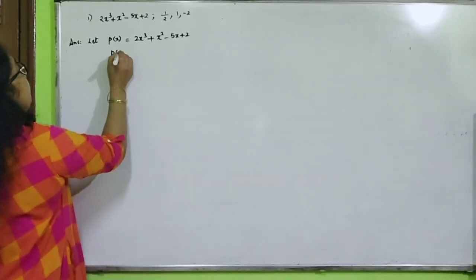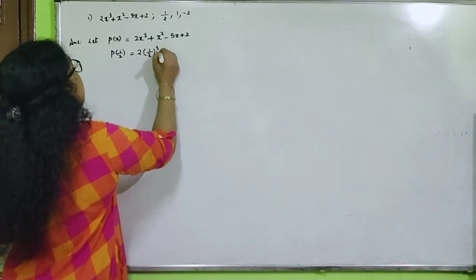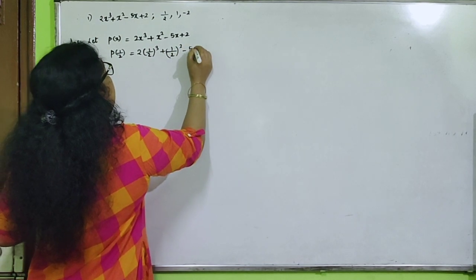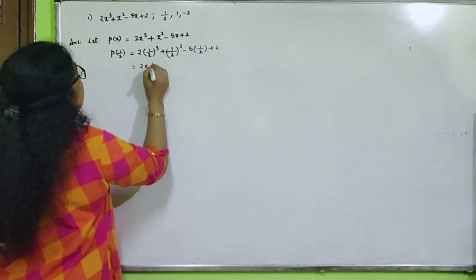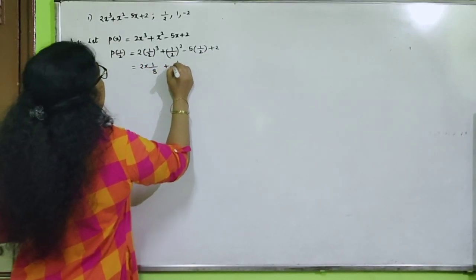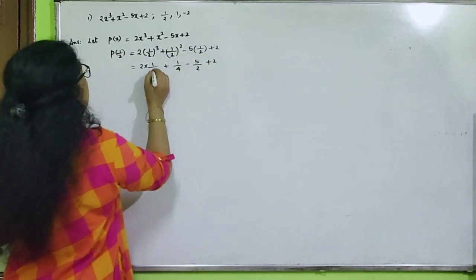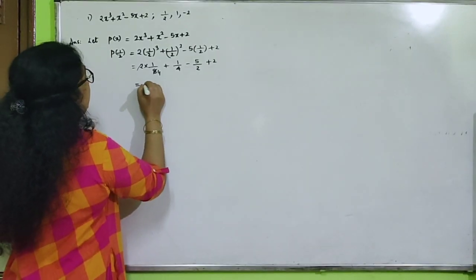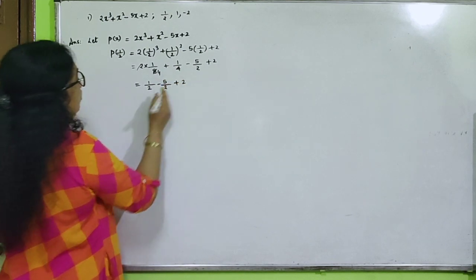Therefore, now p of half is 2 times half cube plus half square minus 5 multiplied by half plus 2. So 2 into half cube is 1 by 8 times 2, which is 1 by 4, plus 1 by 4 minus 5 by 2 plus 2. 1 by 4 plus 1 by 4 is 1 by 2, minus 5 by 2 plus 2.